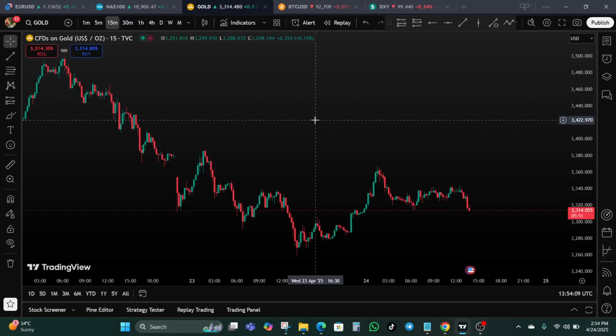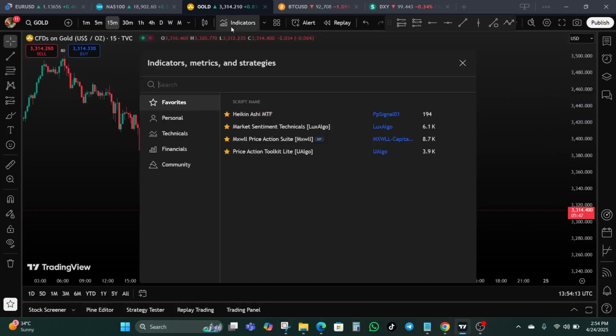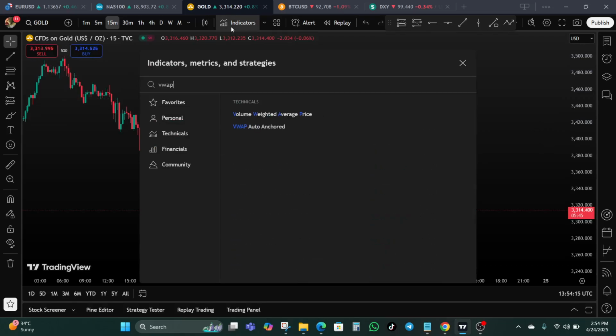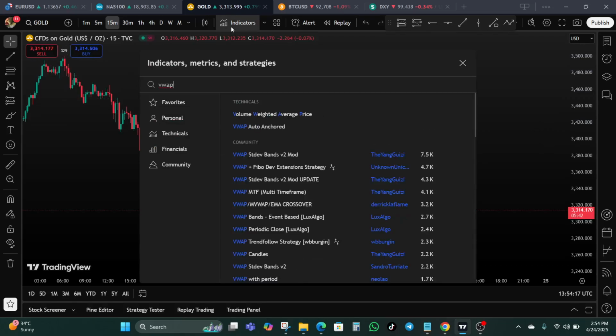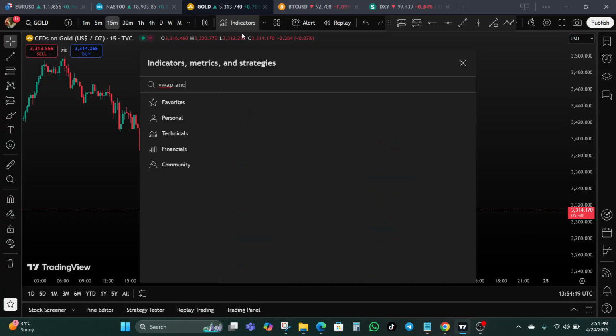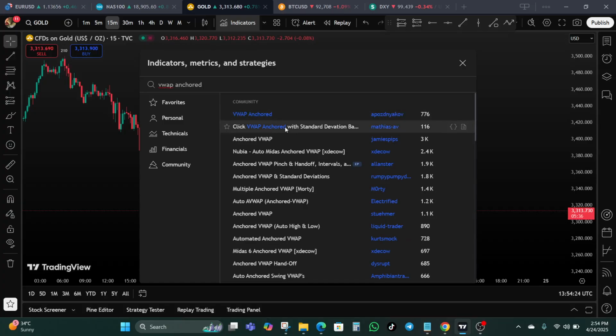So the first indicator we want to look at is going to be the VWAP. All right, the anchored VWAP indicator.